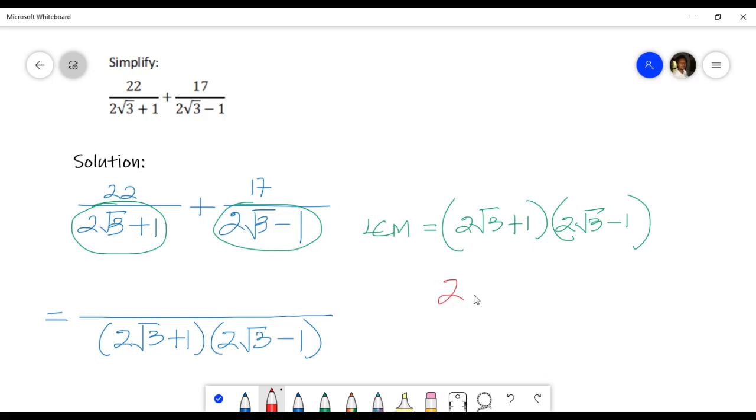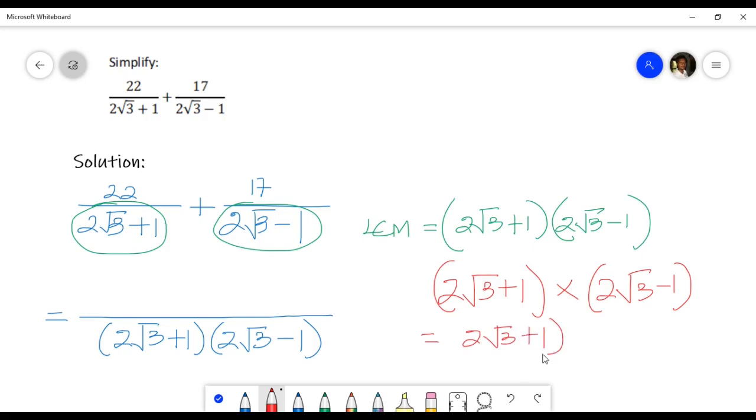I will just write it for you. 2 root 3 plus 1, when we multiply it with 2 root 3 minus 1, then we will get 2 root 3 plus 1 into 2 root 3 minus 1. Right, same as how we found the LCM.